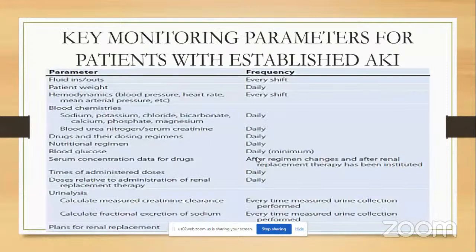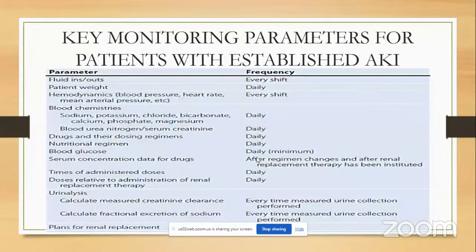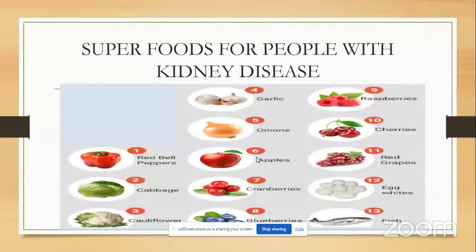Urine analysis should also be done every time. Measured urine collection measurement should be performed. There are not only pharmacological or non-pharmacological strategies, but diet and food also have a very important role in the health of patients.